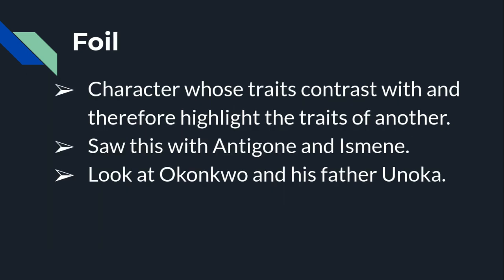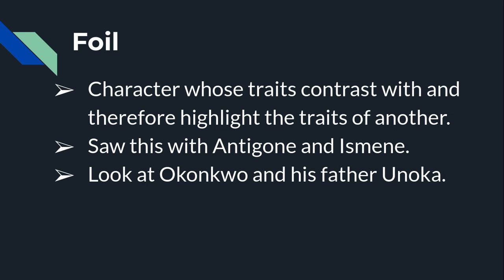A foil, we've talked about this when we read Antigone, is a character whose traits contrast with and therefore highlight the traits of another character. Like we saw that with Antigone and Ismene.